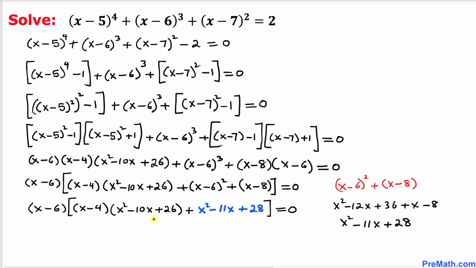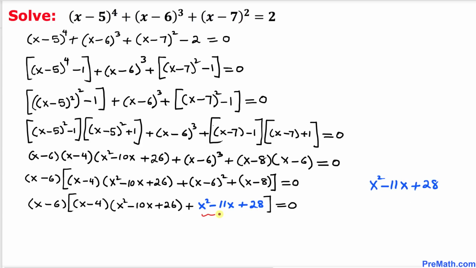And here's our next step. The only difference in this step is that I have replaced this part by this simplified one. And now let's focus on this part only. I have just copied it down over here, and we can factor this quadratic expression as x minus 4 times x minus 7.